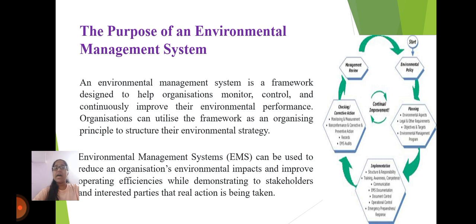An EMS can be used to reduce an organization's environmental impact and improve operating efficiencies, while demonstrating to stakeholders and interested partners that real action is being taken. That is a major purpose of an environmental management system.